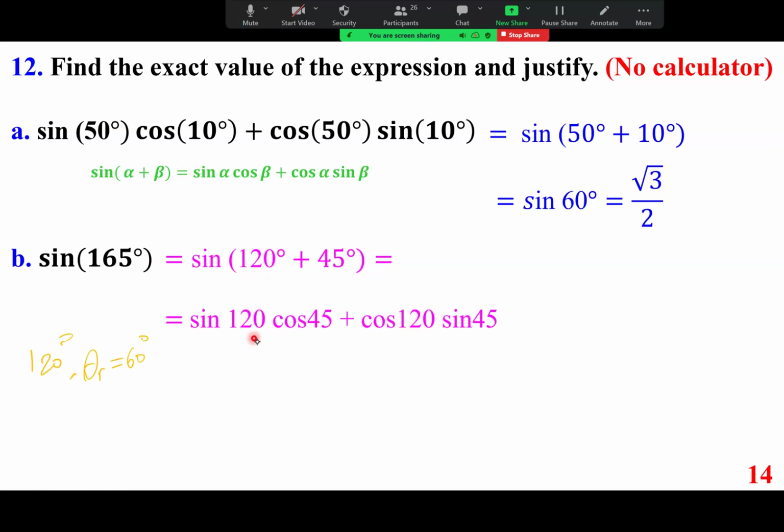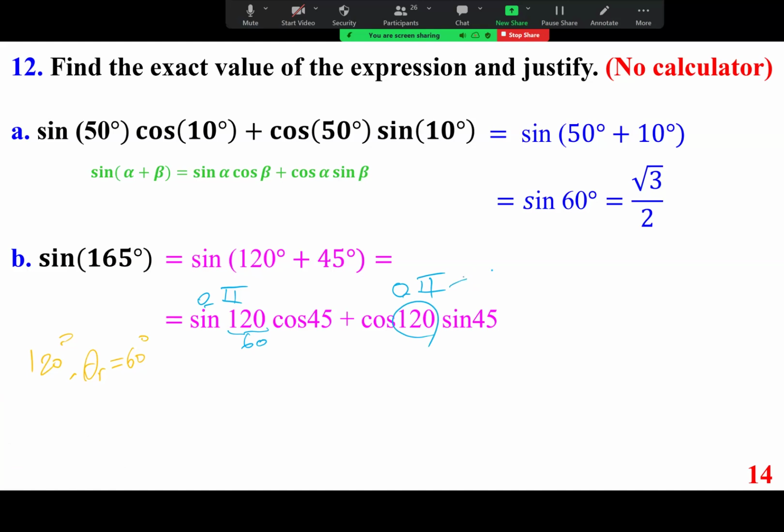So sine of 120, it's in quadrant 2. So it's the same as sine of 60, and in quadrant 2, we know sine is positive. So it's the same as sine 60, which makes it square root of 3/2. Cosine of 45 is square root of 2/2. Sine of 45 is square root of 2/2. But in quadrant 2, cosine is negative.